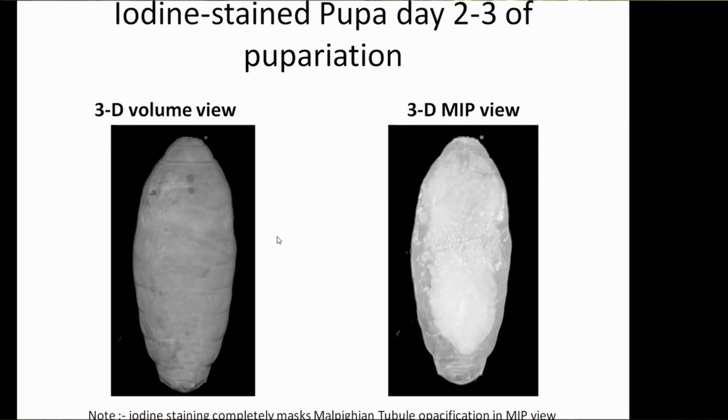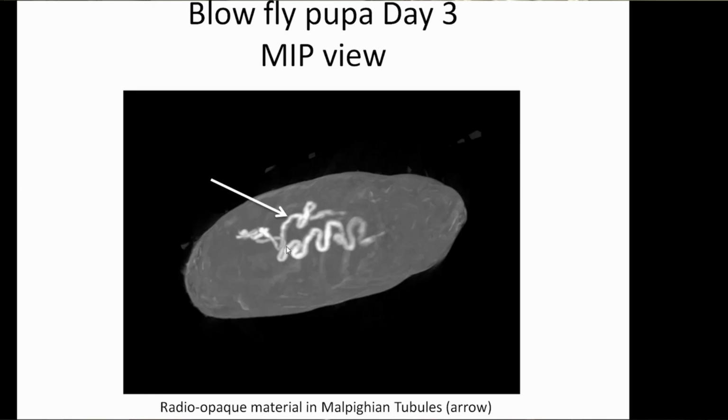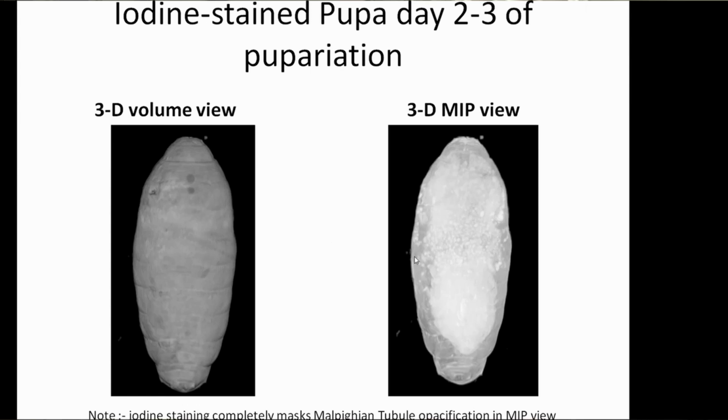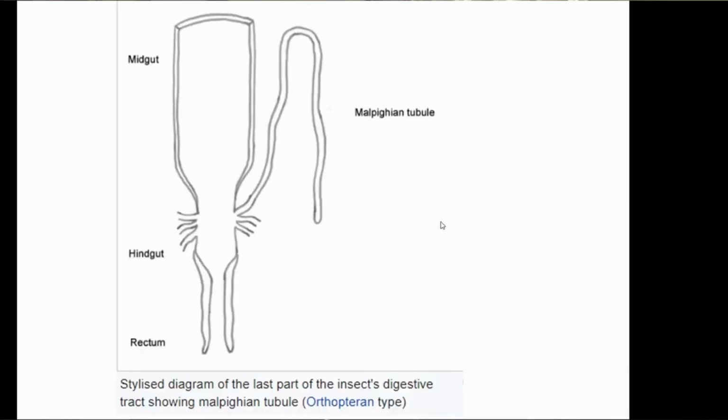Now, had we stained with iodine, and these are two pupae at about the same stage as this one, so that we could see the calcium, this was totally blotted out, even in the maximum intensity projection, by the iodine. Now, during the pupal stage, the Malpighian tubules are no longer connected to the gastrointestinal tract.